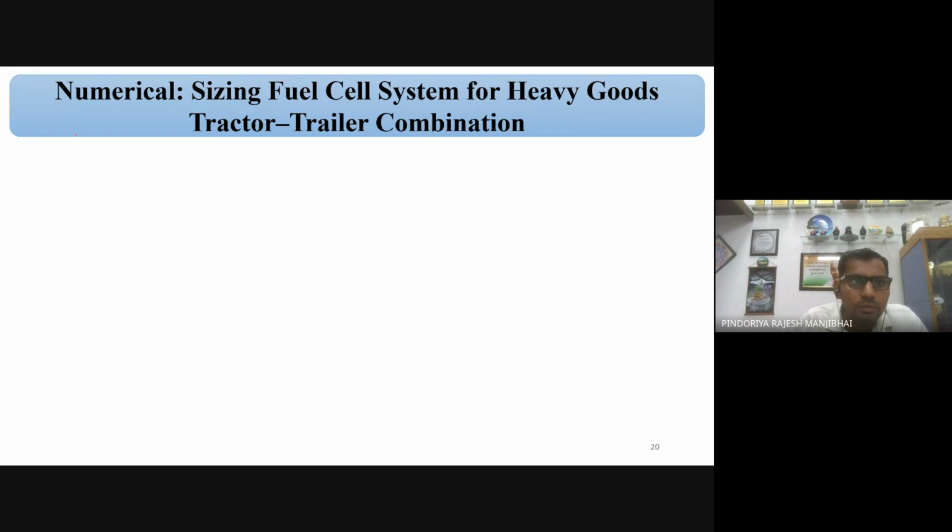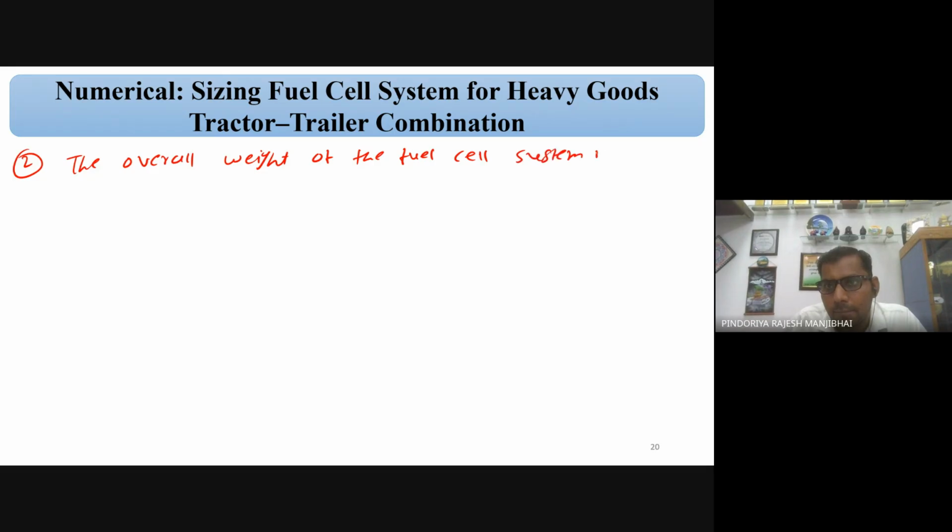So second part, the overall weight of the fuel cell system. So there is a mass of the fuel cell plant. So there is 400 kilogram plus 80 divided by 5 times mass of hydrogen.